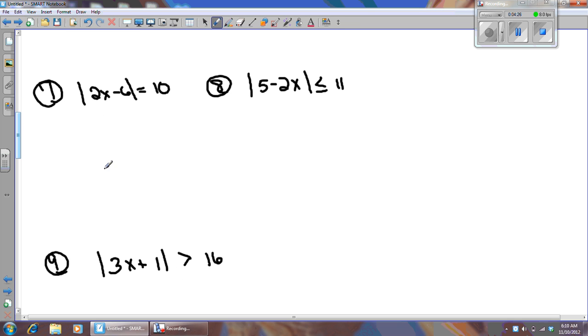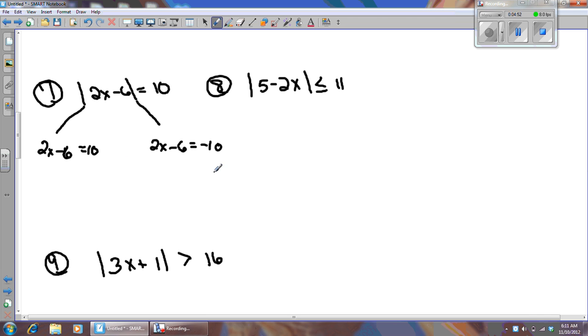Okay, let's try this absolute value equation. I'm going to get 2 problems, and this is where Vinny's little thing comes in. I'm not going to do it on every single problem, but he seemed to really like it, and it was a good visual. So I'm going to do 2x minus 6 equals 10, and then 2x minus 6 equals negative 10.